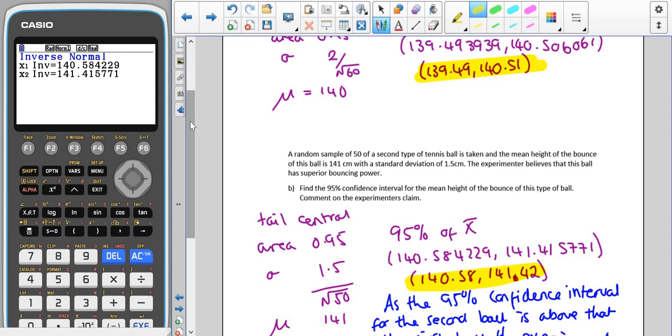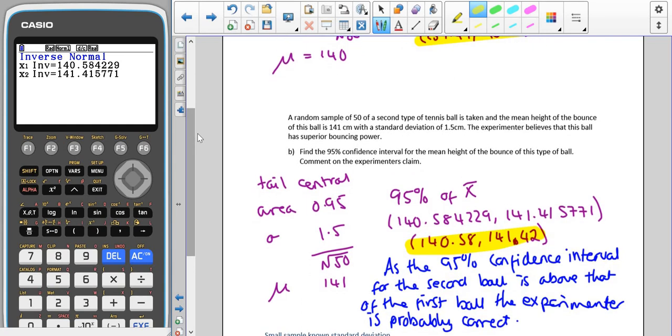However, as always in statistics, we can only say probably, not that they are definitely correct. So as the 95% confidence interval for the second ball is above that of the first ball, the experimenter is probably correct.